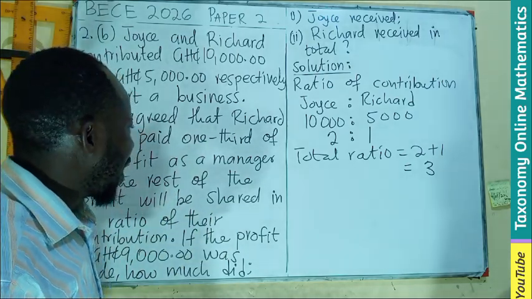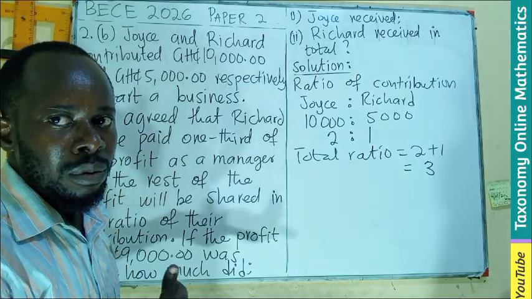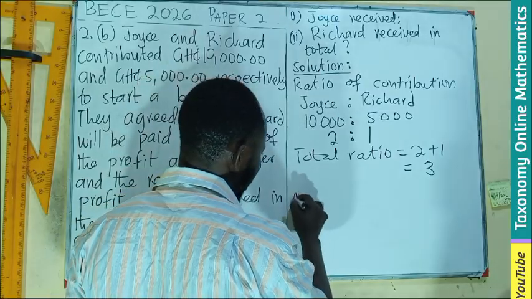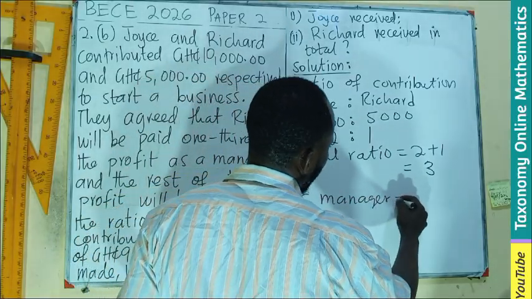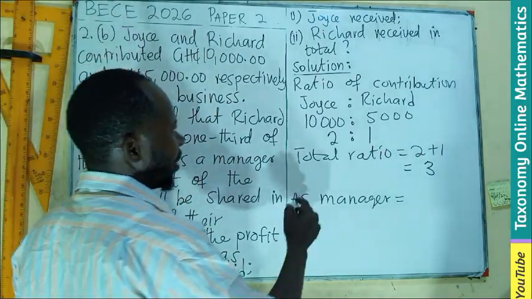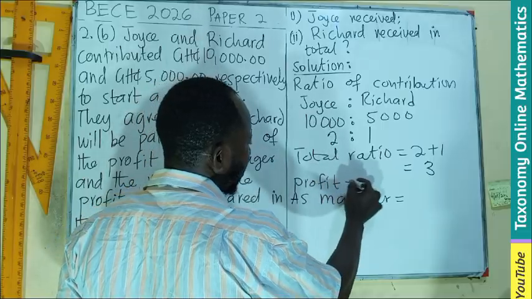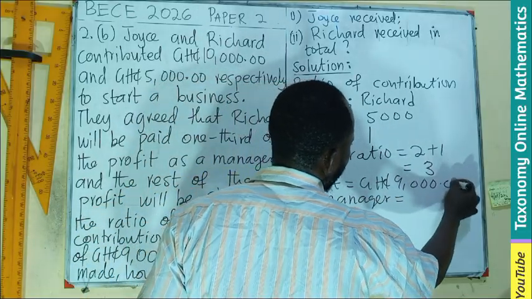Now, we need to look at the manager's amount or share. So as manager, what are you going to receive? Let's say the profit is 9,000.